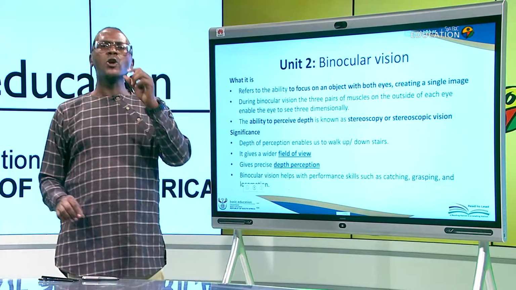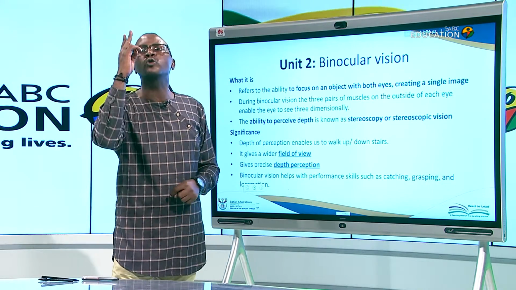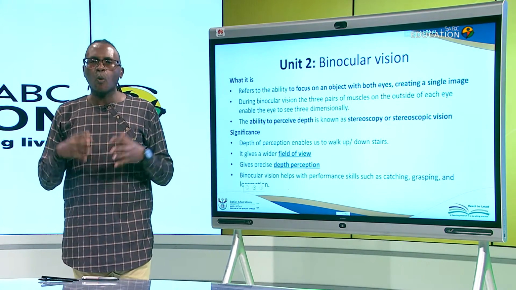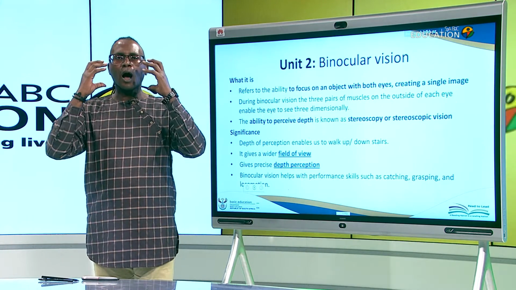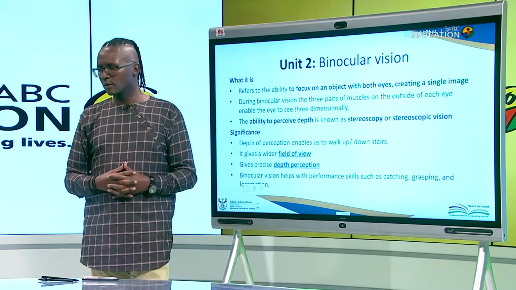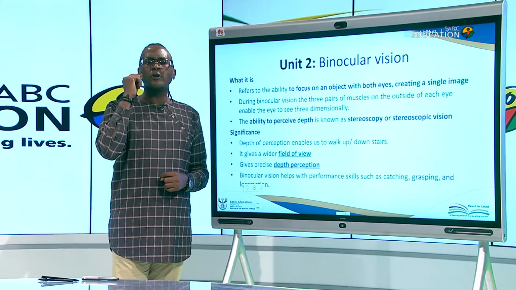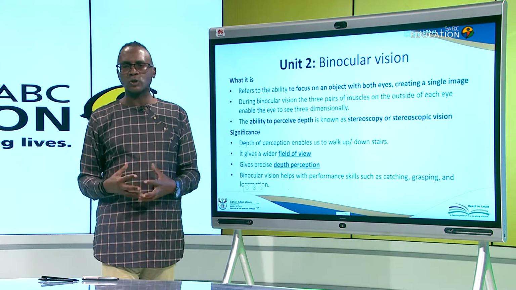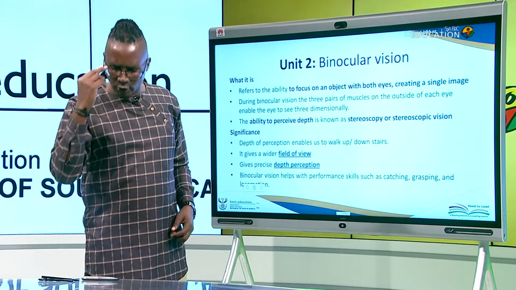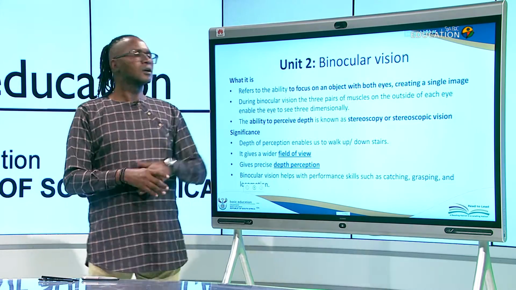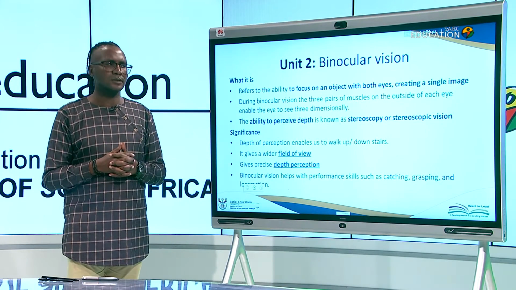Now, binocular, the prefix bi means 2. So what does that mean? And vision, that means eye, to see, light, right? So binocular vision refers to using two eyes to focus on an object.